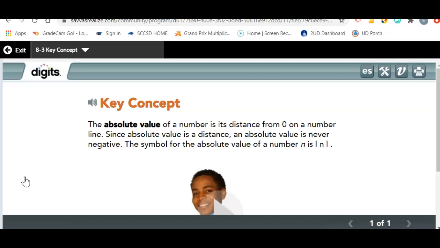Okay, a little bit here. How we read this, who remembers, who saw these lines on the pre-test and was like, what are those? Right? Okay? These are the absolute value symbols. So how you would read this here would be the absolute value of n.